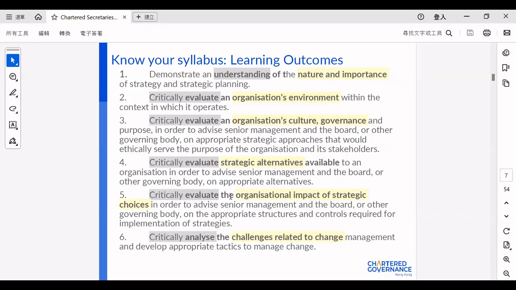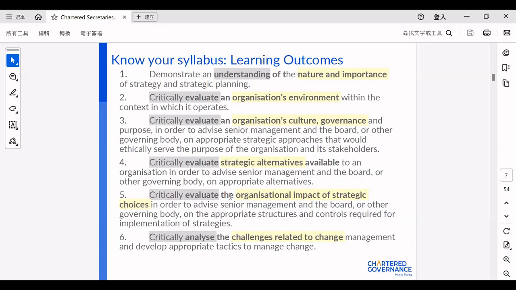This is quite a discrete topic, and probably you can identify easily if there's any change involved in the strategy and how you would manage the change. Different steps, different theories on change management. I think you can spot that also easily.